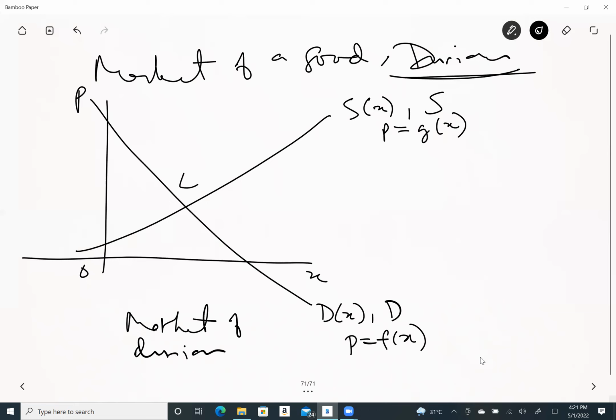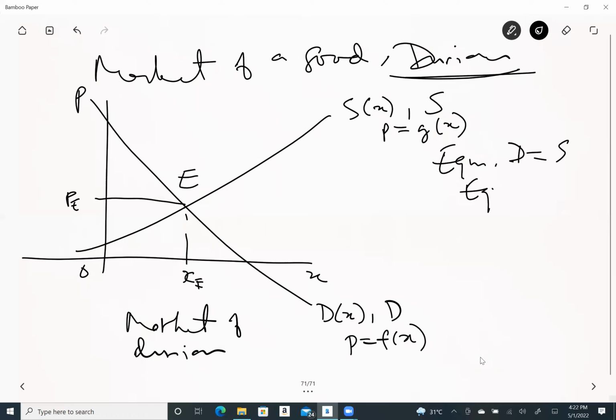And then you get the equilibrium here. I have the market quantity, call it X1. And then I call it X0. And then you have the market price, call it PE. So for equilibrium, we know already, demand equal to supply.